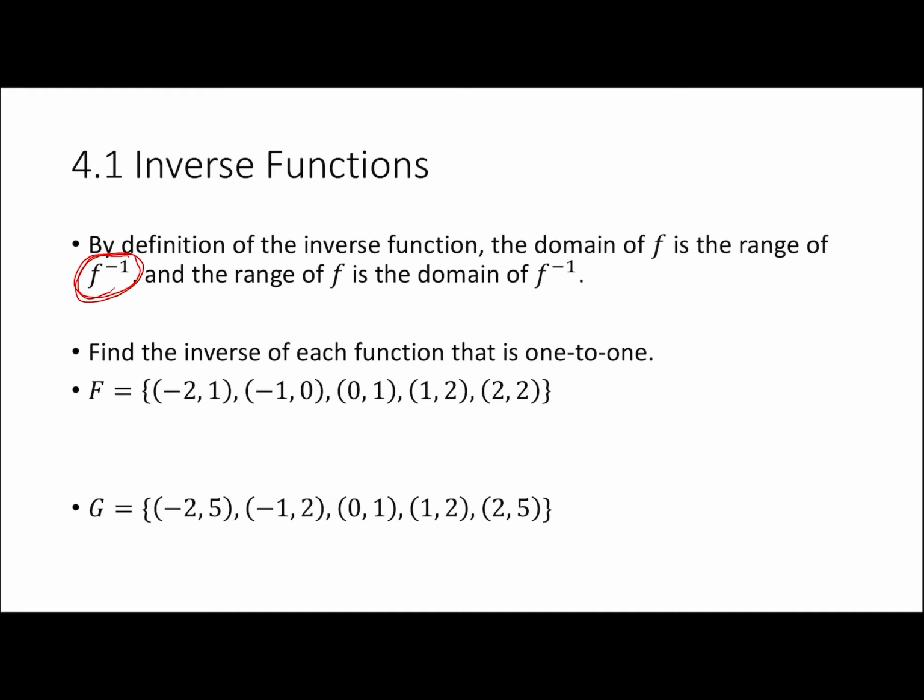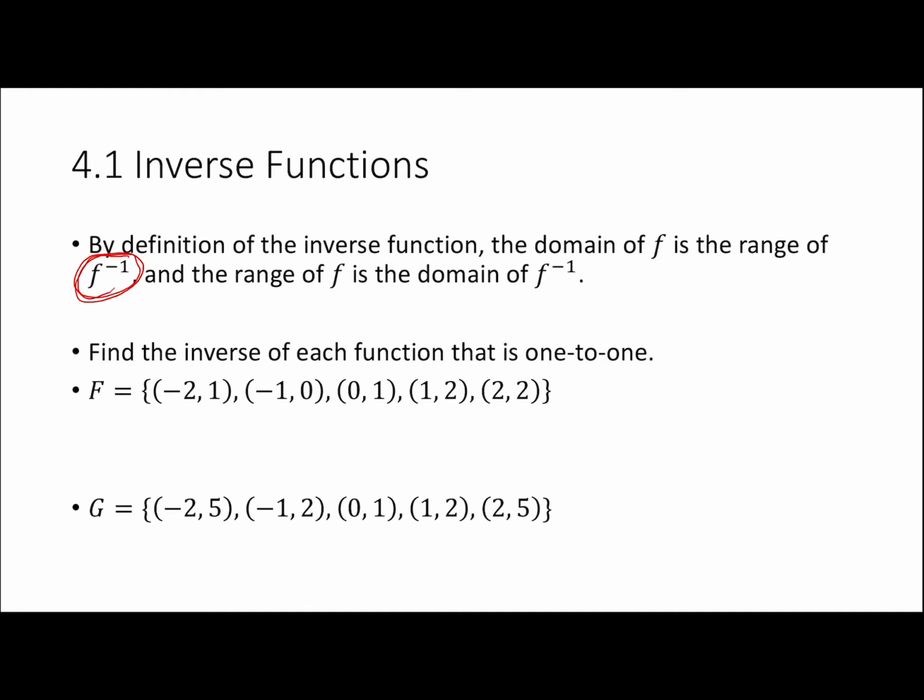That's not what this says. We say that as f inverse, or the inverse of f. And so, if we have these two functions, f and f inverse, the domain of f is the range of f inverse, and the range of f is the domain of f inverse. Essentially, the x and y switch places in the two functions if they're inverses. Okay, they just switch places, x and y.